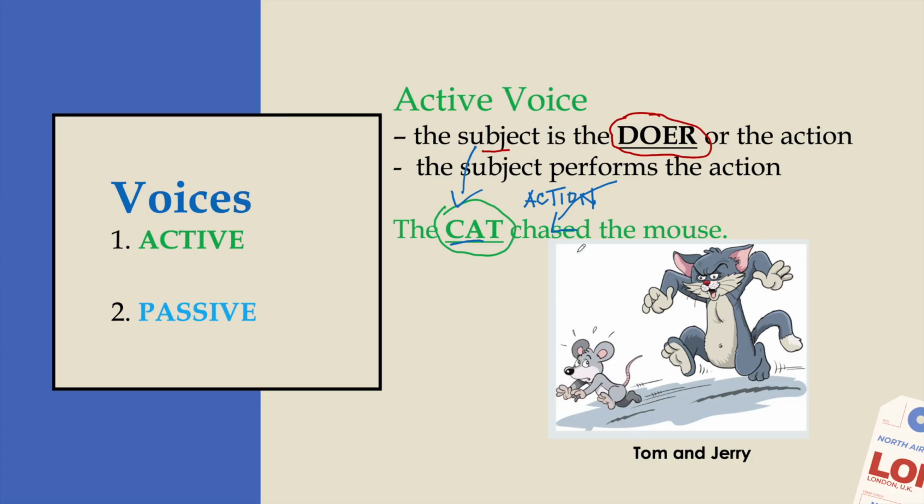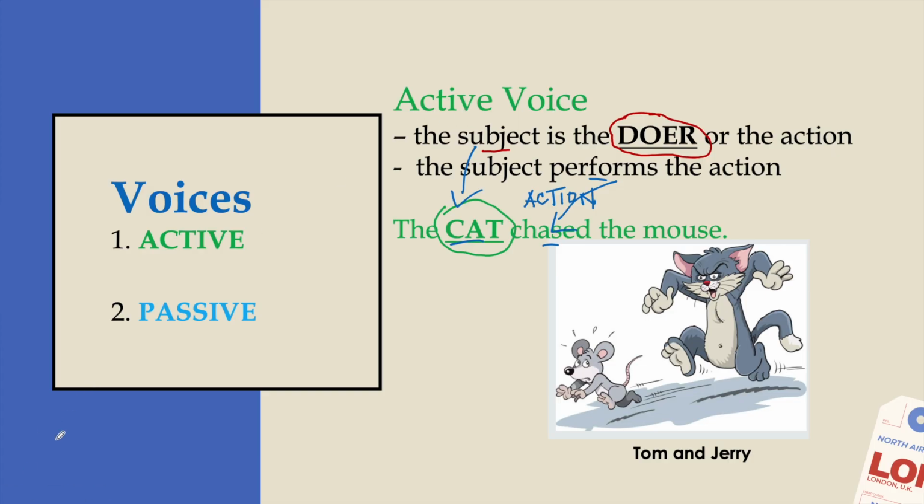So in this example, the verb is in the active voice because the subject is actively doing or performing the action. If the subject is the one doing the action, the doer of the action, the voice of the verb is the active voice.